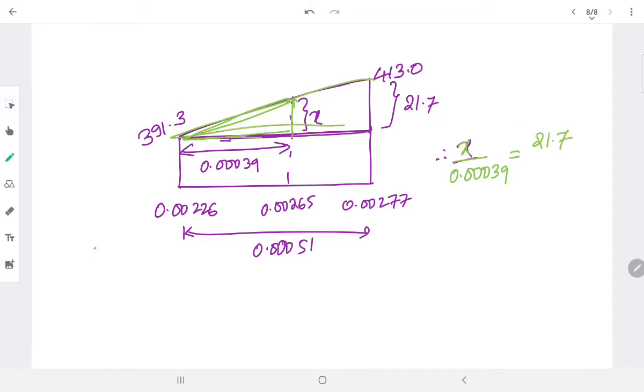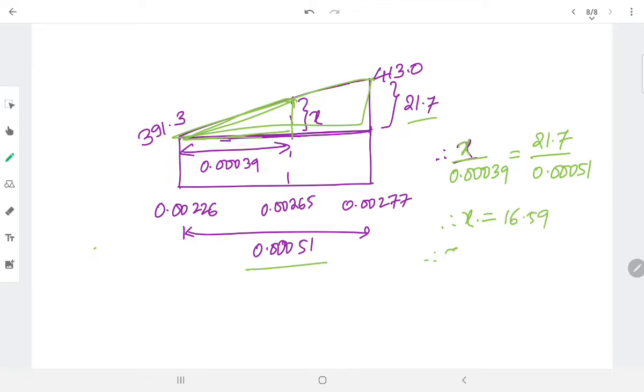I will be taking the second triangle, this one, 21.7 divided by 0.00051. When you calculate, X will be equal to 21.7 into 0.00039 divided by 0.00051, which is 16.59.